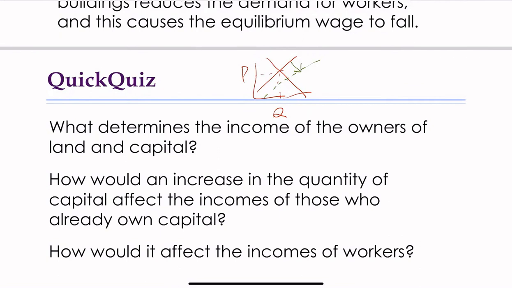So what you can see here is the quantity will increase and the price of capital will decrease, right? So it means that the income of those who already own capital will decrease because now the price for capital decreases.